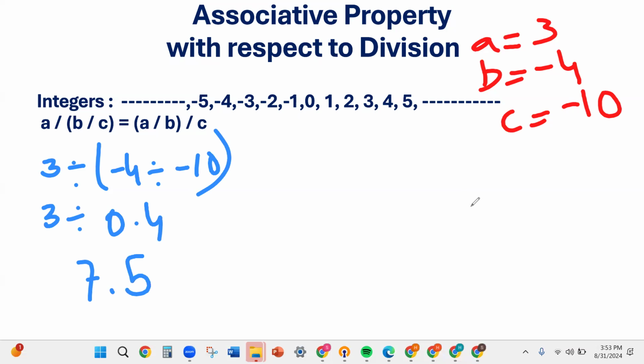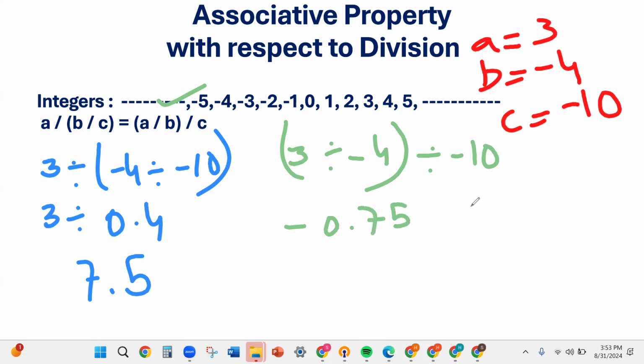Now substitute in the other side, this side. A divided by B, 3 divided by minus 4, whole divided by minus 10. Now 3 divided by 4 will come in negative. And 3 divided by 4 will give you negative 0.75.